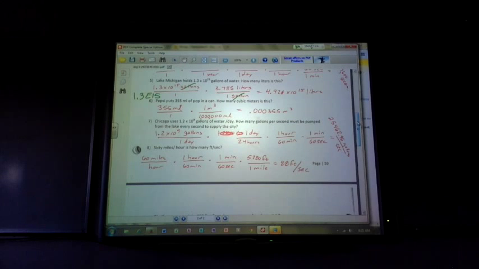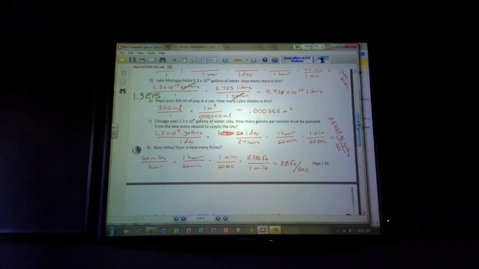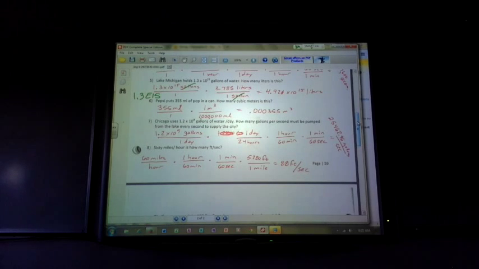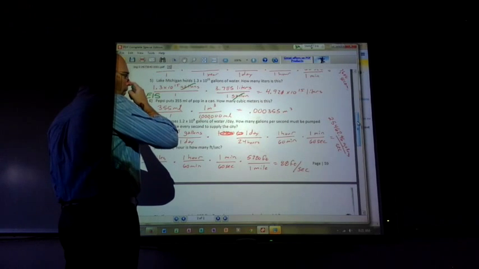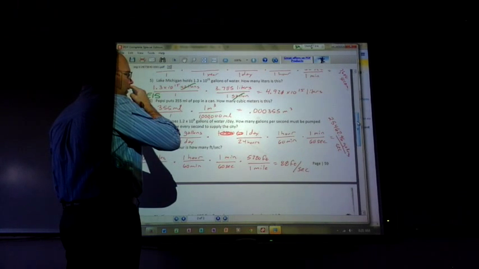Pepsi puts out 355 milliliters of pop in a can. How many cubic meters is this? All right, so you have to know that a milliliter is three-dimensional already. It's a liquid. So you have to know that 1 cubic meter is the same as, wait, it's not 1,000,000.